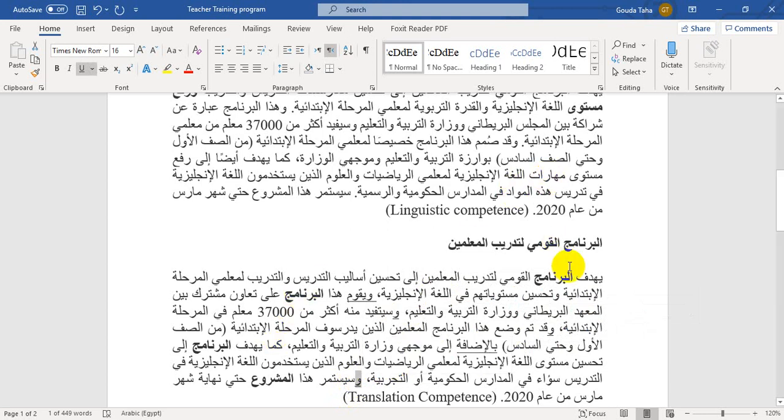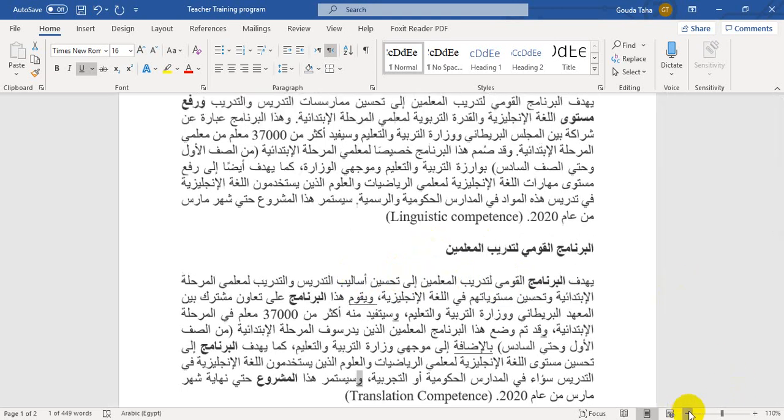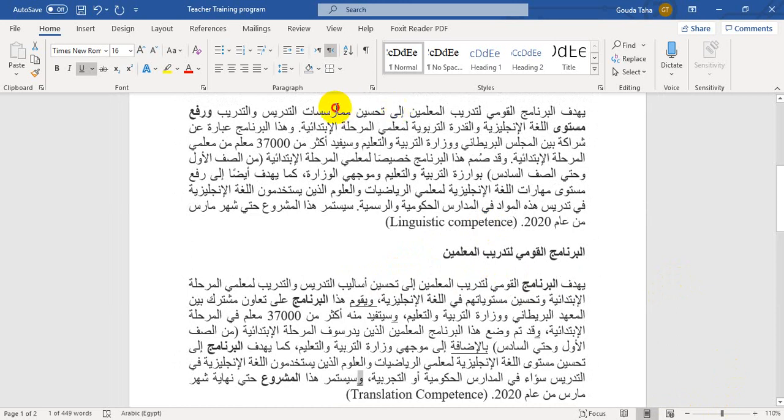Let's read it, and does it make a natural text or not? يهدف البرنامج القومي لتدريب المعلمين إلى تحسين, we could say تطوير أساليب التدريس, instead of saying ممارسات, which sounds a little bit unnatural. So here, instead of saying ممارسات, which is a lexical translation, I replaced it with a natural one, a pragmatic one, لمعلمي المرحلة الابتدائية وتحسين مستوياتهم.